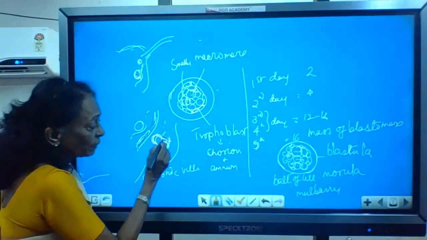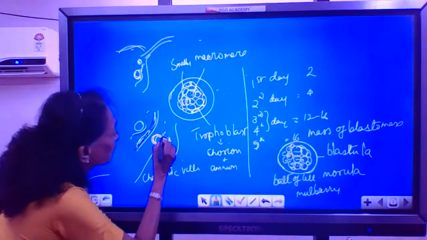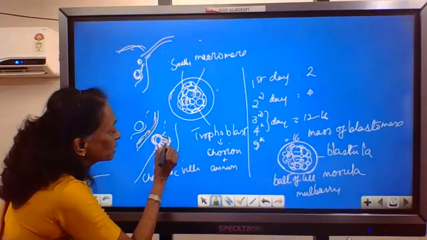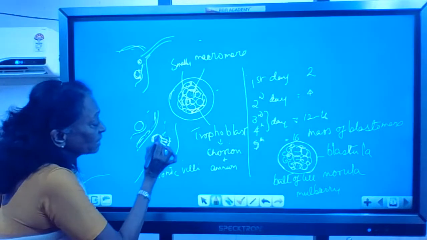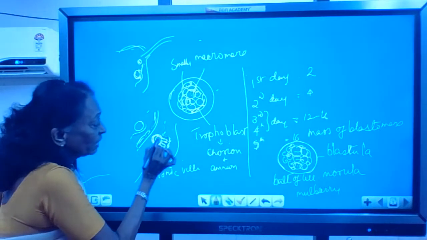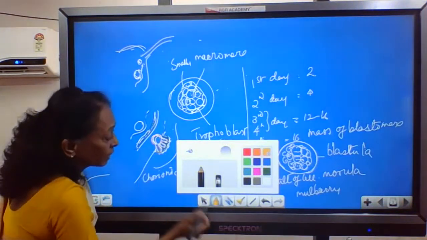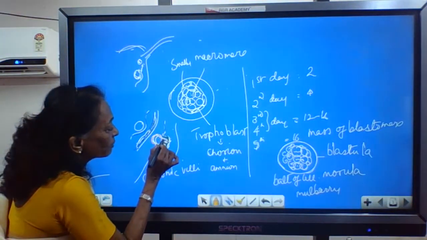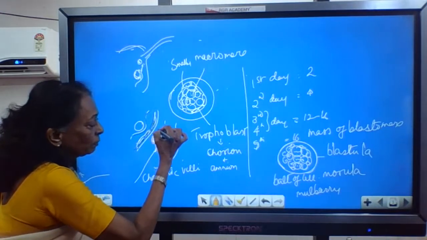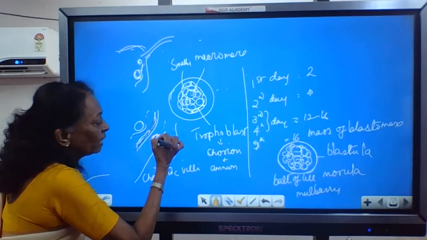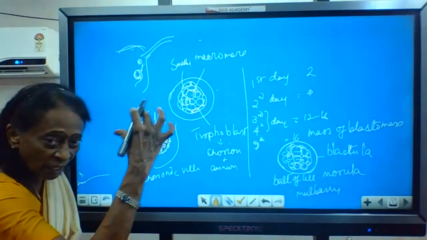Here are the maternal blood vessels and maternal tissue, mainly blood vessels. Here is the thin membrane, a single layer of cells. Then you have the embryonic part, the embryonic blood vessels. So this whole thing, the maternal blood vessel, the membrane, and the fetal blood vessel, is the barrier. Fetal means the developing embryo.